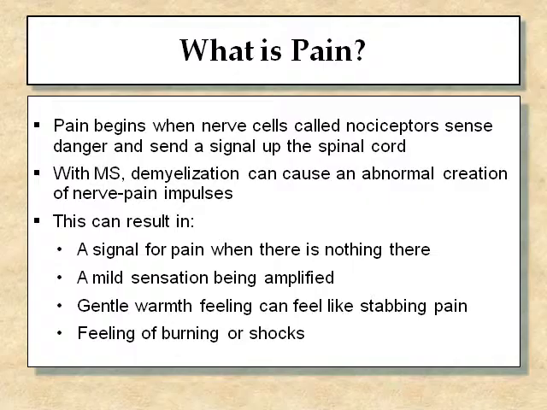Not everybody experiences this with MS, and not everybody experiences this all the time. But this is something that can happen with MS. So this abnormal creation of nerve impulses can result in a signal for pain when there is nothing there, when there isn't anything really causing the pain.